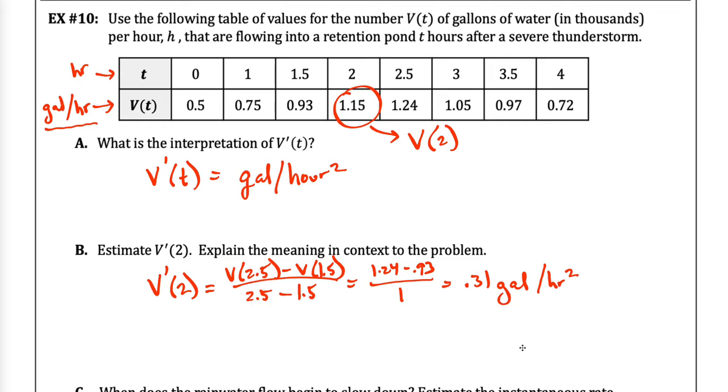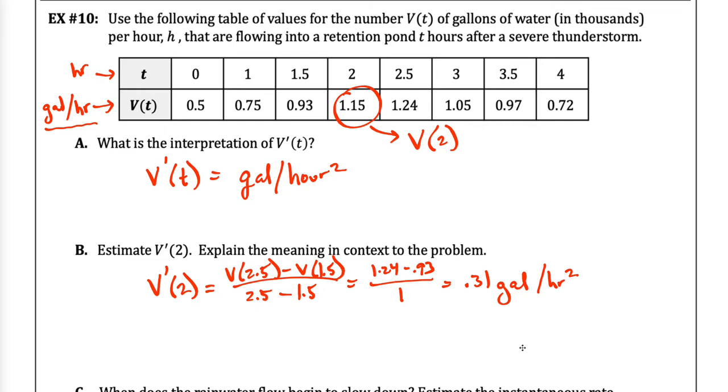Obviously it's kind of weird, but is the amount of water going into the retention pond coming in faster than before, or is it coming in slower than before? Is it a total guess? Okay, that's all right.